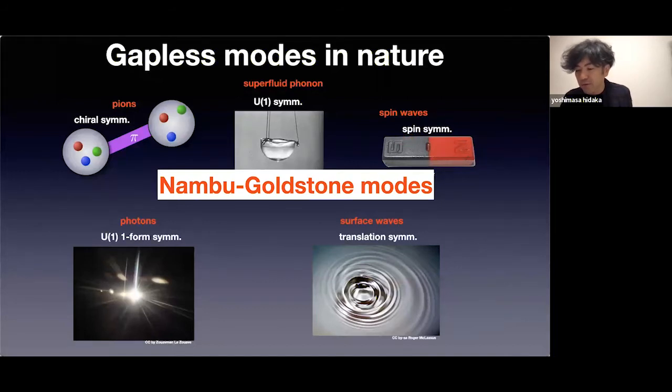For the photon, there is the so-called U(1) one-form symmetry, which I will explain later. In the case of surface waves, that is translational symmetry. All these symmetries are broken, and as a result, the gapless excitation, the so-called Nambu-Goldstone boson or Nambu-Goldstone mode, appears.